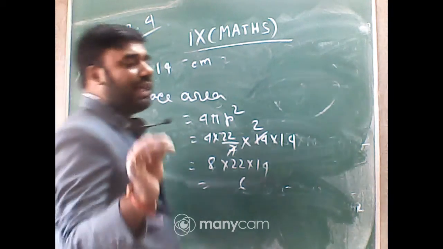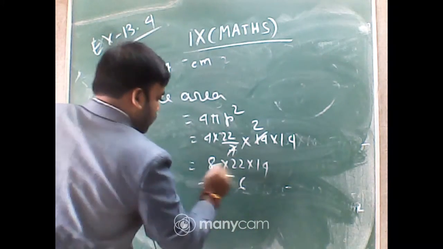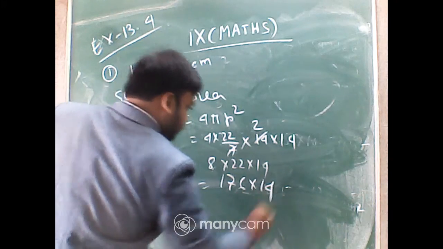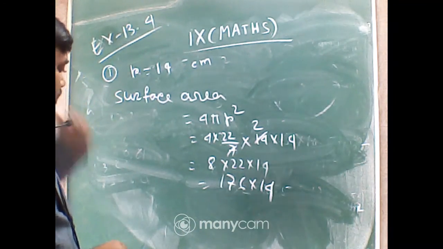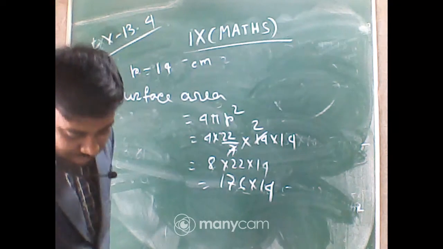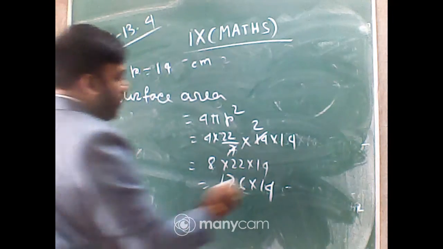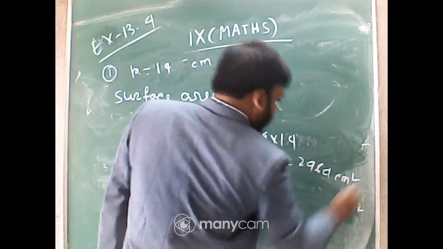I have not said that diameter equal to 14 centimeter. It will be 176. 176 means 1760 plus 176 into 4, that is 2464 centimeter square. Okay.